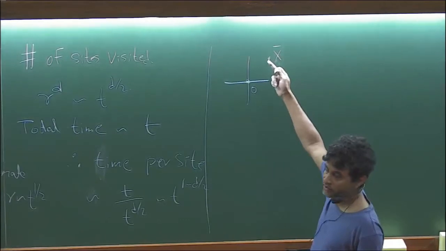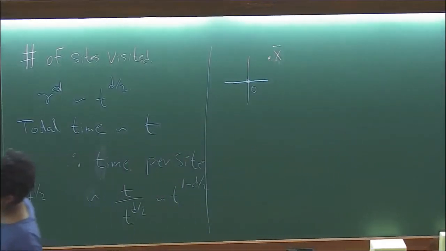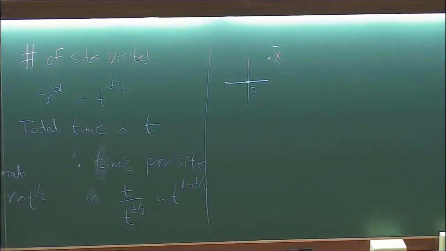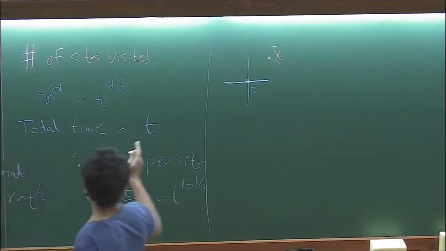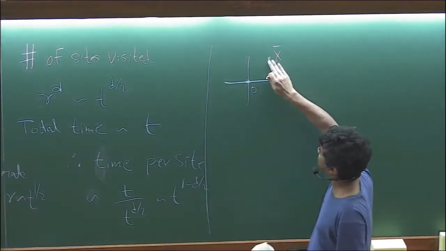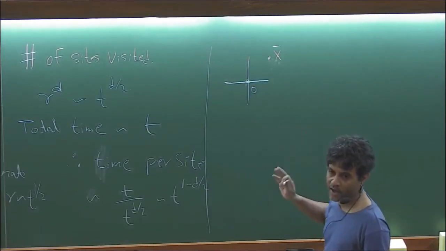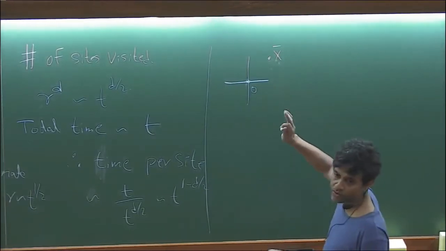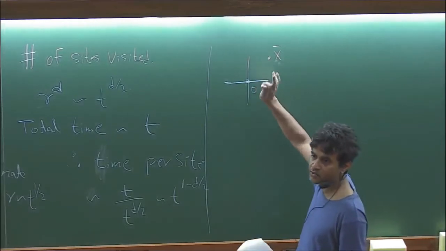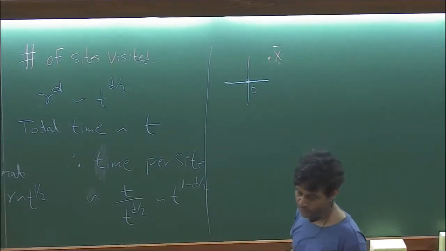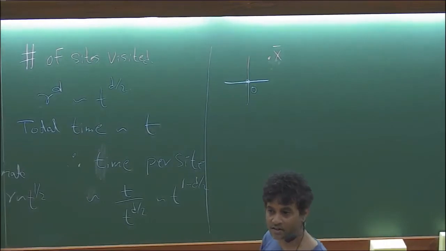Then of course you just put here e to the power i theta dot x, right? But then it's clear that the arguments which give us infinite will still go through, because that came from some divergences in the denominator. So this result is still true: if you start from here, any site will be visited an infinite number of times, and the probability of visiting any site is 1 in 1 and 2 dimensions. Is that clear?